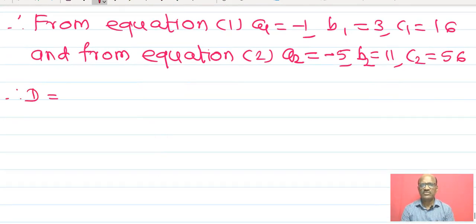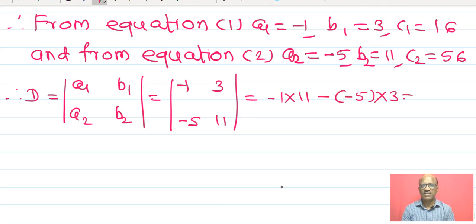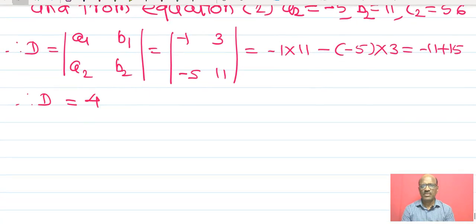Therefore d is equal to a1 b1, a2 b2. Minus 1, 3, minus 5, 11. That is minus 1 into 11, minus in bracket minus 5 into 3. That is minus 11 plus 15, and that's why d is equal to 4.